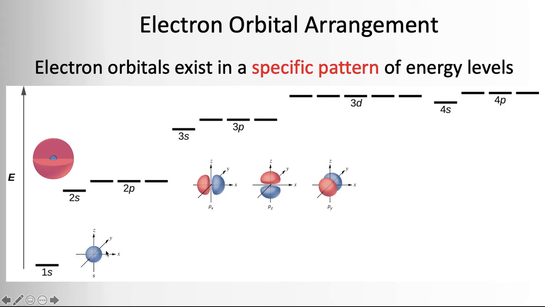But if I add more electrons, let's say if I go down the periodic table, as I increase in number of protons, I also increase the number of electrons. Well, those electrons have to be distributed somehow around the nucleus, and they follow a specific pattern of energy levels, and we're going to talk about how they are filled.